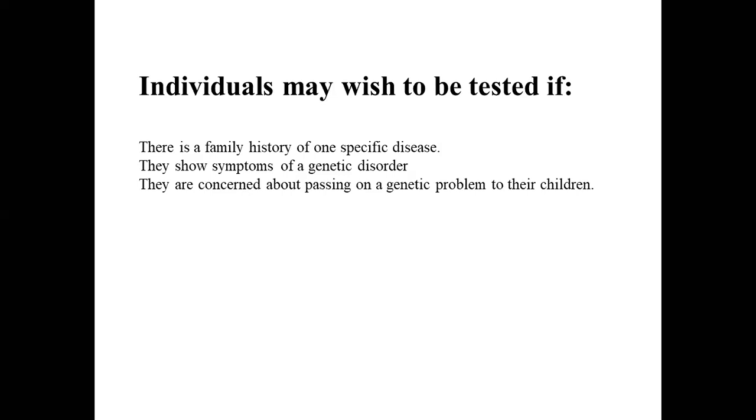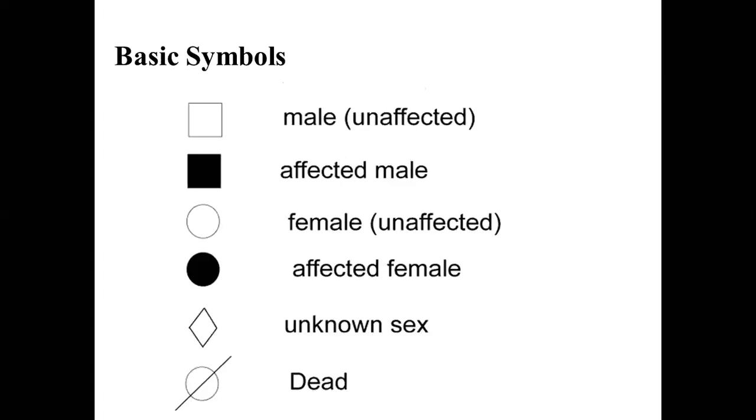That's the most important point, that they want to know how many of their children will be affected, how many will be carriers, and what will happen to them in later stages. That will be the main aim of generating pedigrees.